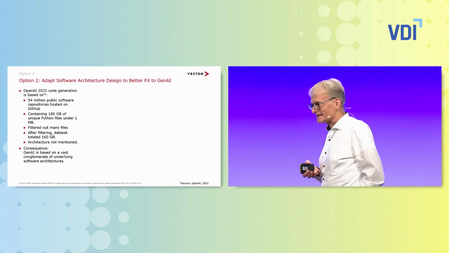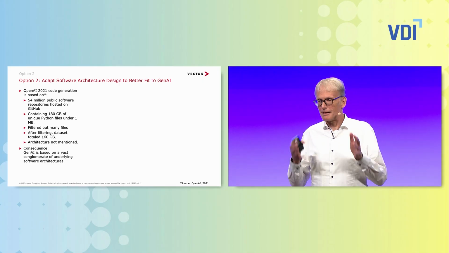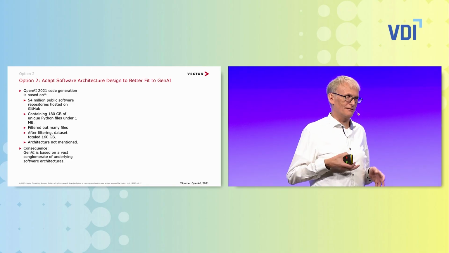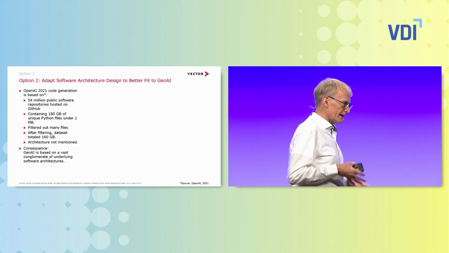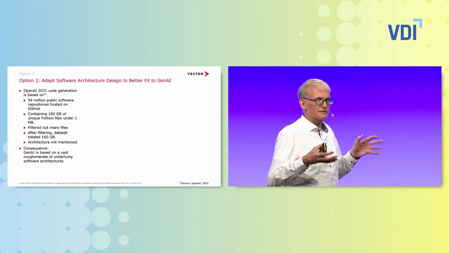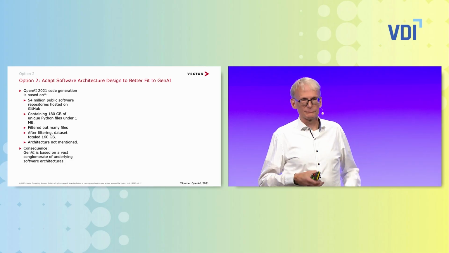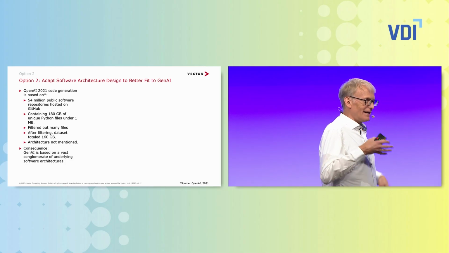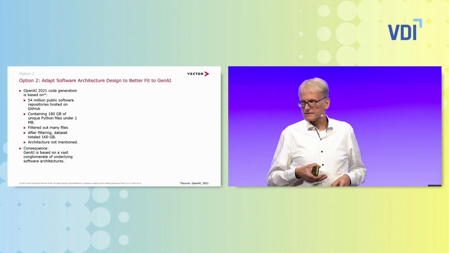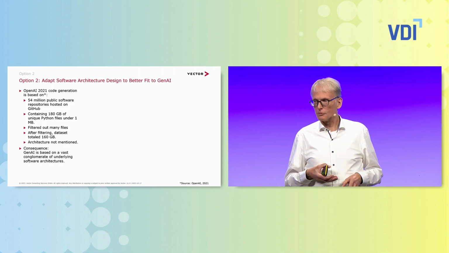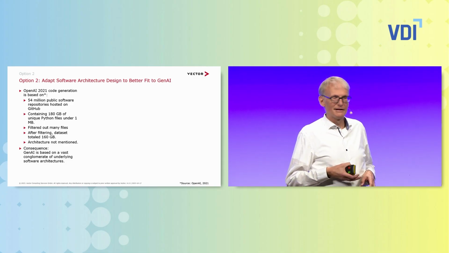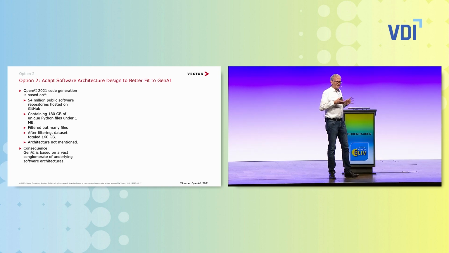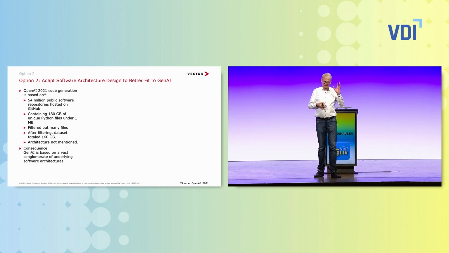The data is taken from public directories of openly available software, and in the end it's about 160 gigabytes, so the amount should not be surprising, but there is completely no information about software architecture in it. So the GenAI is not listening to something like software architecture.